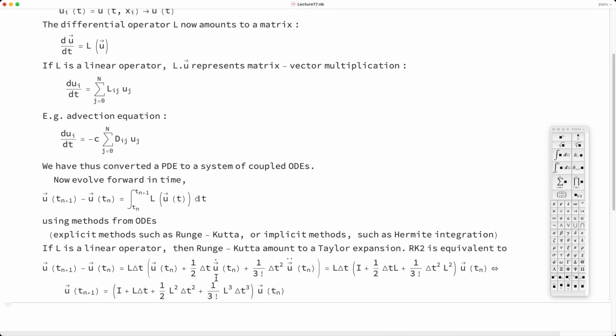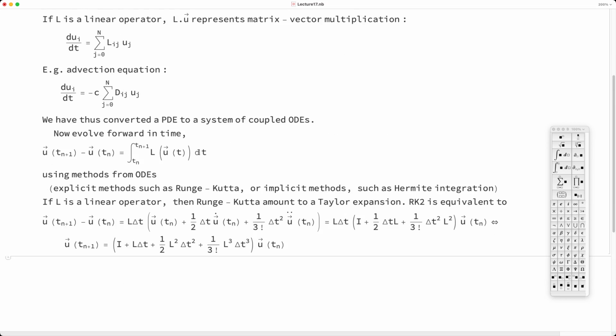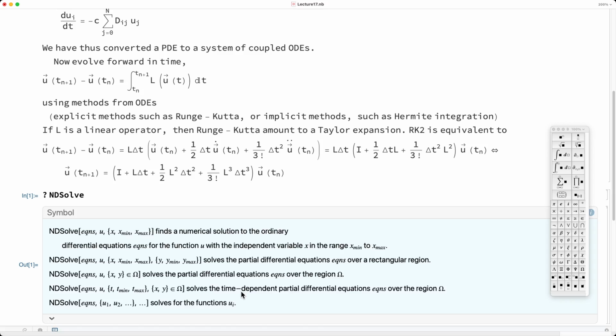Okay, so with that in mind, let's go ahead and implement the method of lines. First of all, we can do it using Mathematica as a black box, using NDSolve, which is a black box routine. You can look up the documentation for how to use NDSolve. It's very extensive.